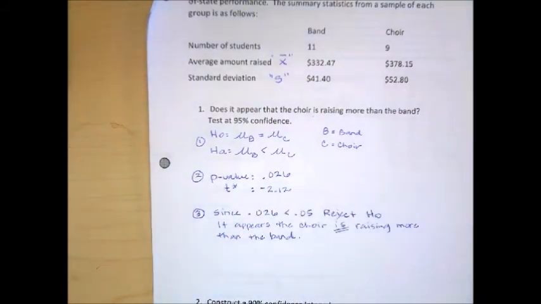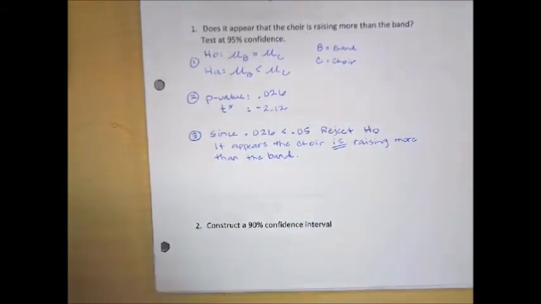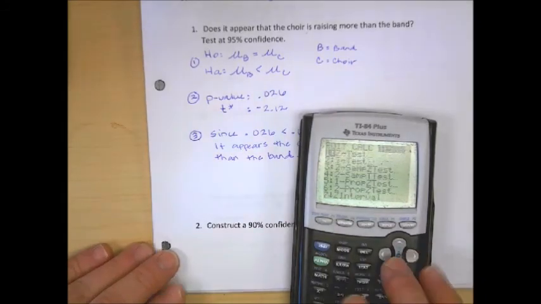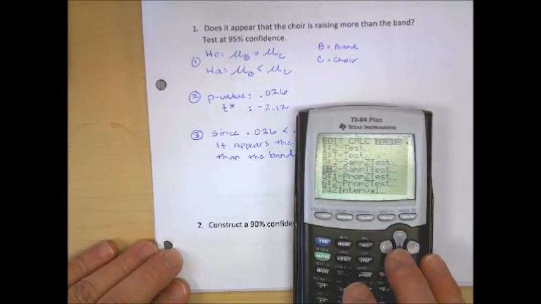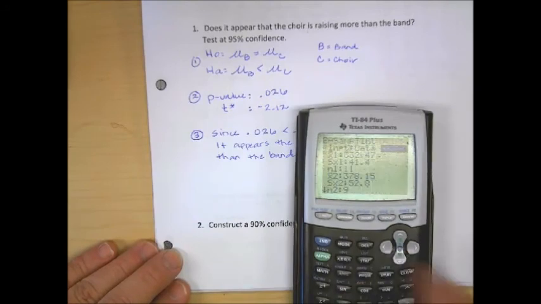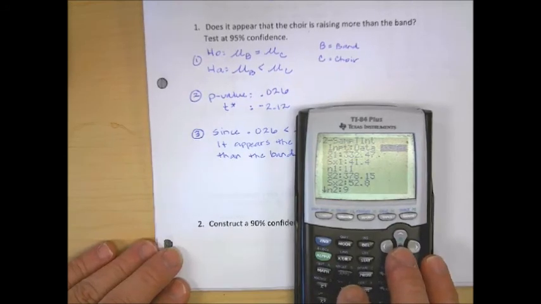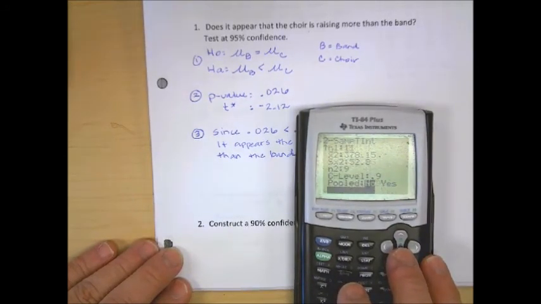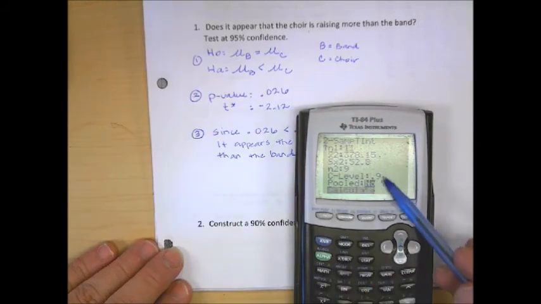Now a 90% confidence interval. Stat, test, 2-sample T int. Everything flows through because we already put it in there. Pooled no, and we are changing it to 90%.